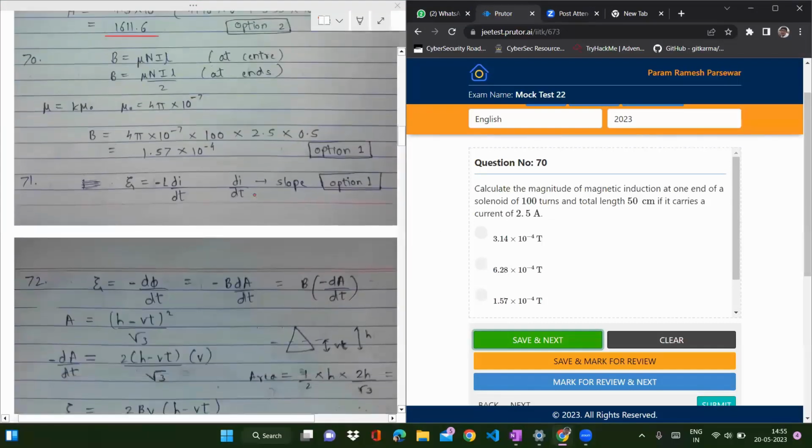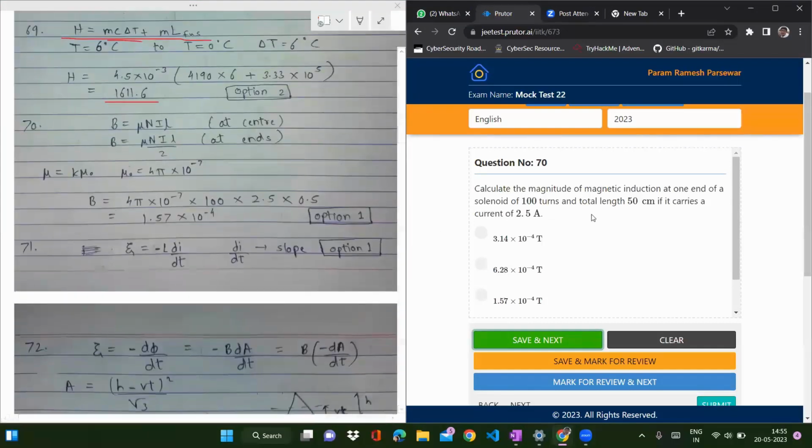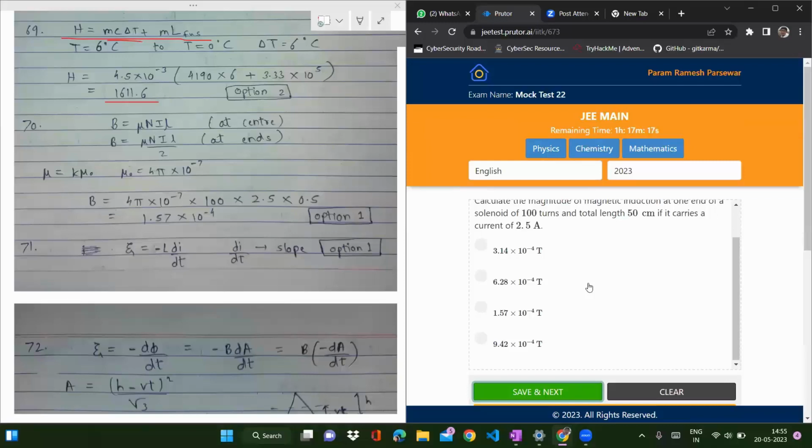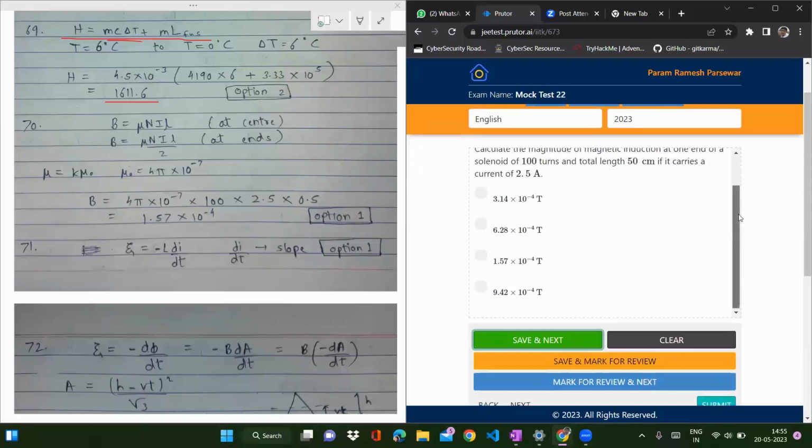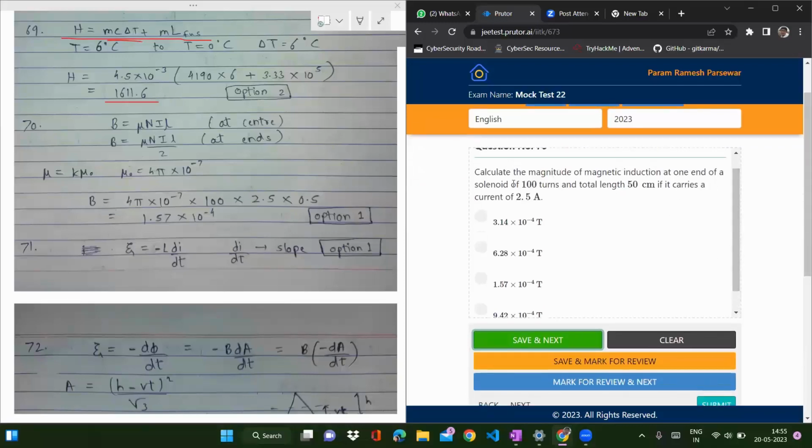Now the question number 70, here we need to calculate the magnitude of magnetic induction at one end of the solenoid of 100 turns and a total length of 50 centimeter, if it carries a current of 2.5 amperes.